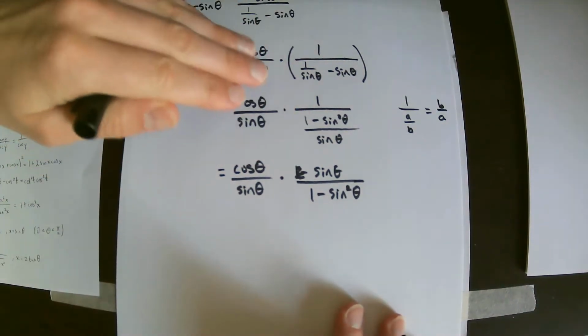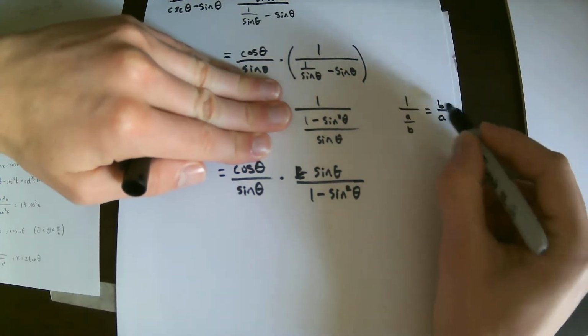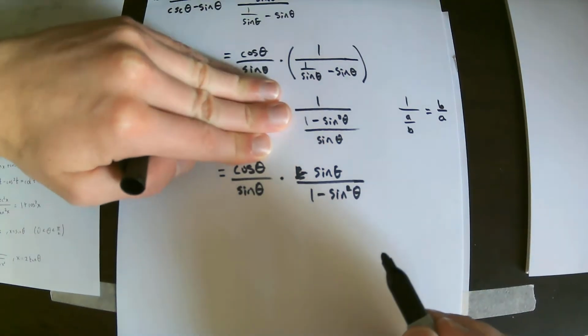It's just when you have 1 over a fraction, that's the same as that same fraction flipped upside down.